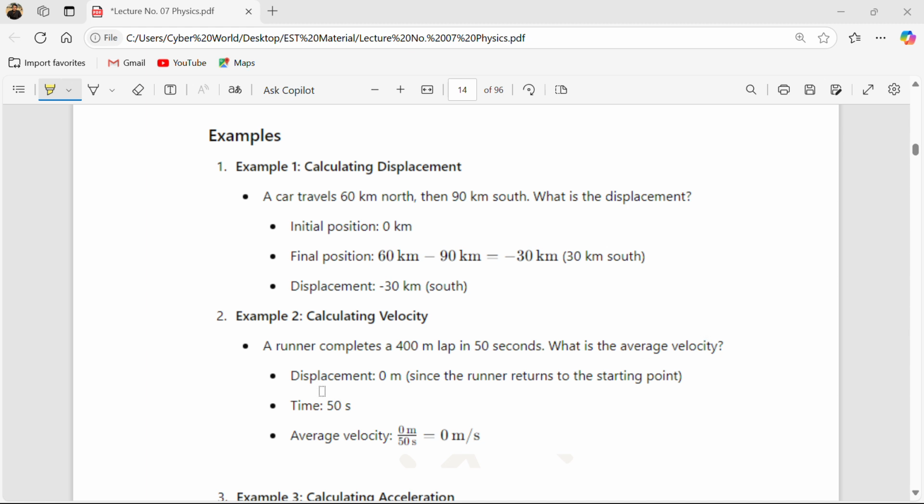The displacement should be 0 meters since the runner returned to the starting point. The time it takes is 50 seconds. The formula for average velocity is displacement divided by time. So displacement 0 divided by time 50, you will get 0 meter per second.